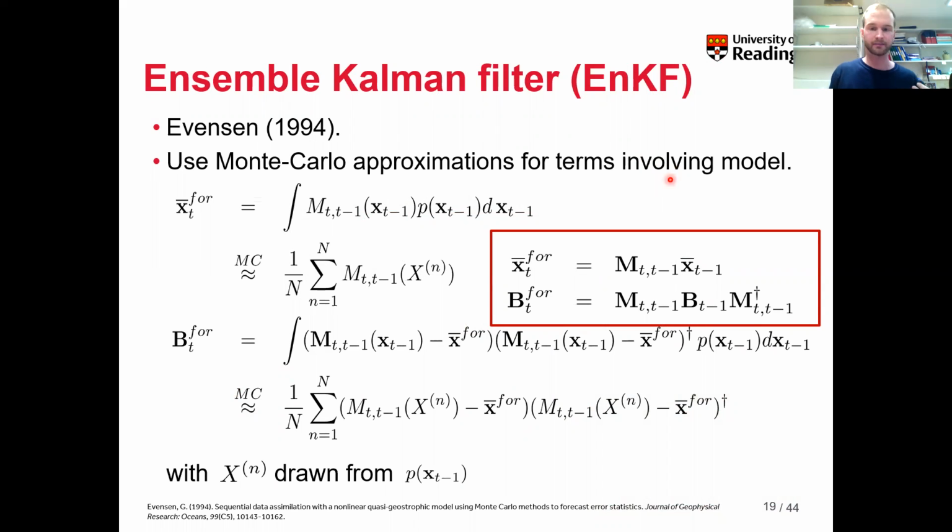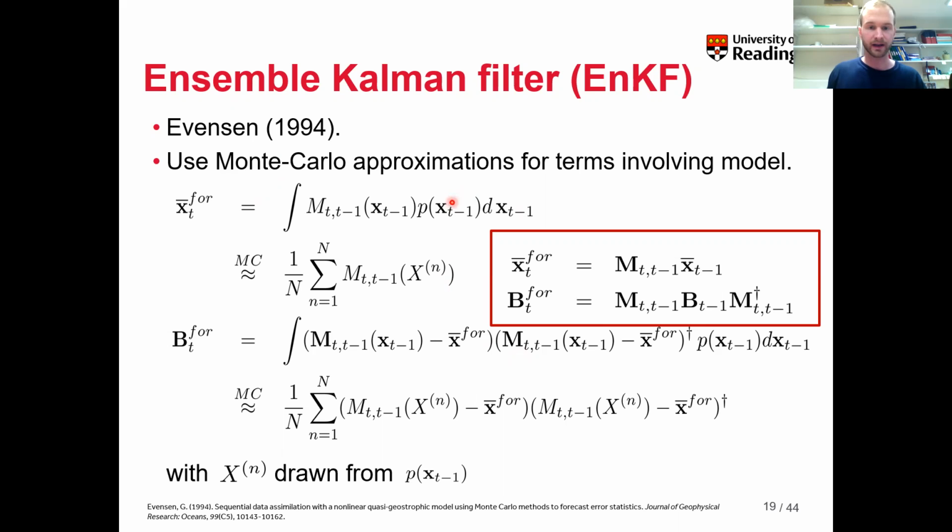And the idea behind the Ensemble Kalman filter is that you take the integrals that define the mean of your Gaussian distribution and the covariance of your Gaussian distribution, which are shown over here, and then approximate those integrals using a Monte Carlo approximation.